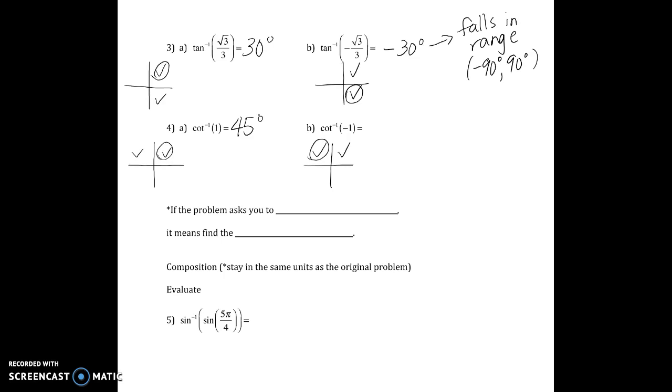And then rather than being negative 45 for this, you would use 45 as the reference angle, and you would do 180 minus 45. Just erase that real quick. So that should be 135.